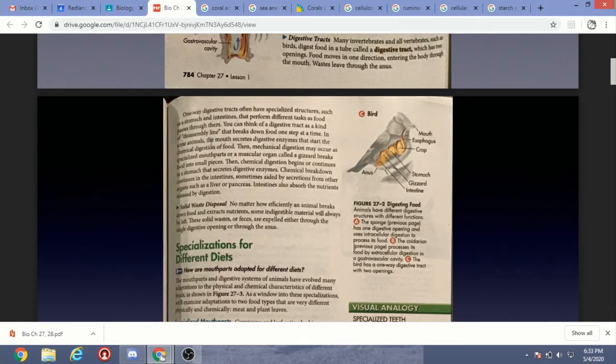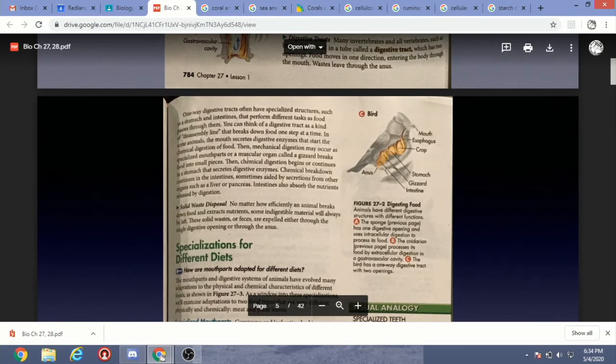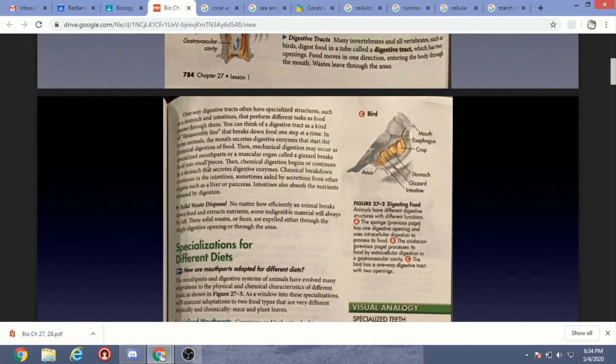So again, like I started out in the beginning of the lecture, I showed you that glucose molecule. It needs to be broken down. How does that happen? Well, first of all, the glucose was probably in some other molecule that was even larger, and it needed to be broken down. So food also comes in big chunks that we got to break down, right? And so there has to be organs that do that, and that's what's really cool about a digestive tract.